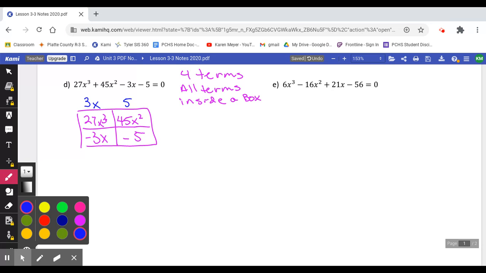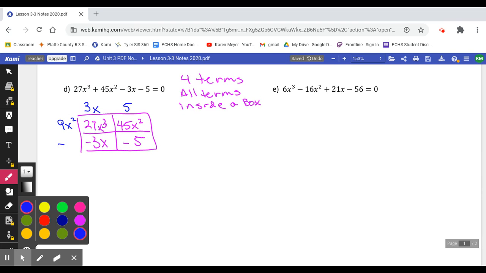Sideways, each number is divisible by 9, and they each have at least an x squared. Okay, start with a negative, so I'm going to pull out a negative. And 3 and 5 are only divisible by 1. So you're looking at 3x plus 5 and 9x squared minus 1.